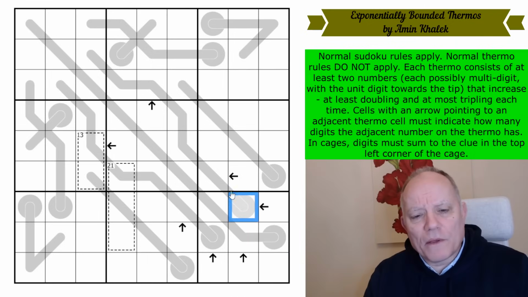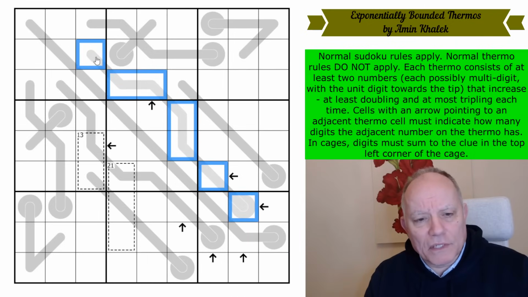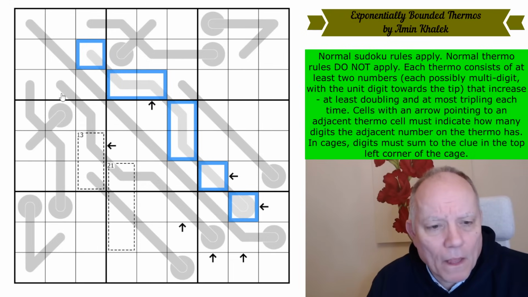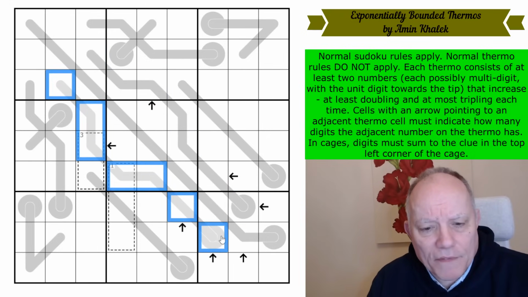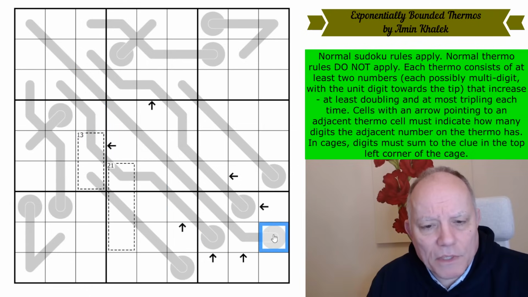These thermos flanking the long one, they're both 7 cells big, aren't they? 1, 2, 3, 4, 5, 6, 7, they are. And this one's 9.